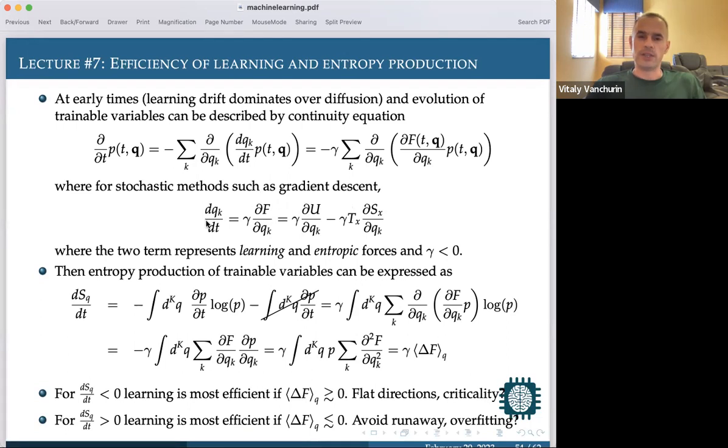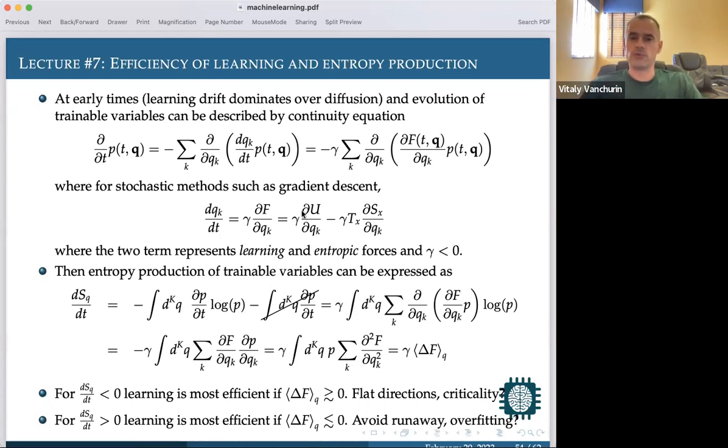And now in this one equation, you see two forces that act on the trainable variables. One is the learning force that just takes the system in the direction that would minimize the loss function. And the other one is an entropic force. It would take the system in the direction where there are more states.